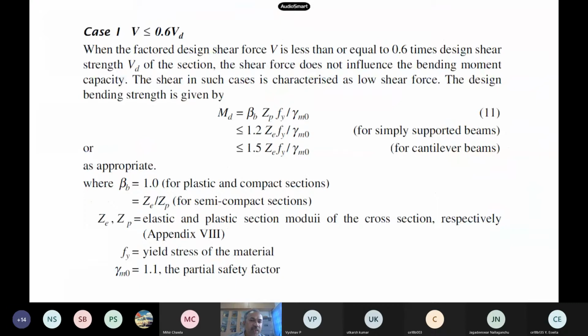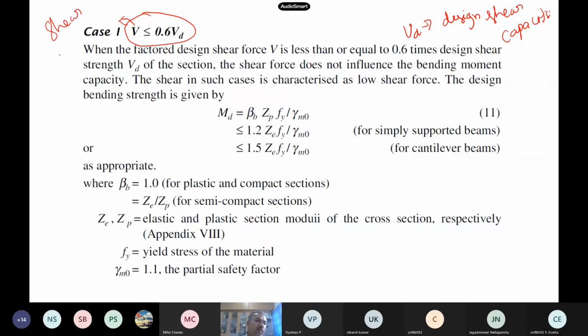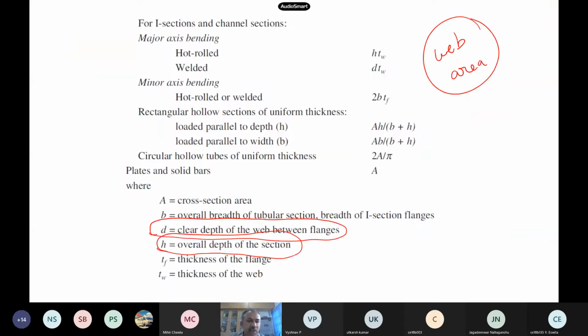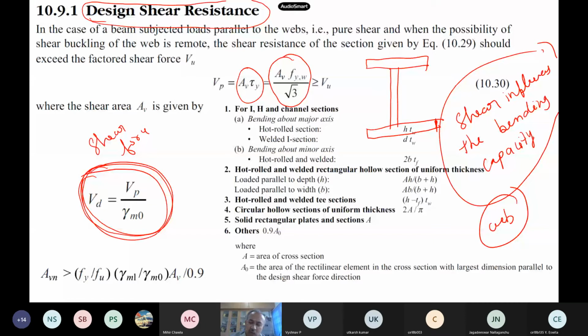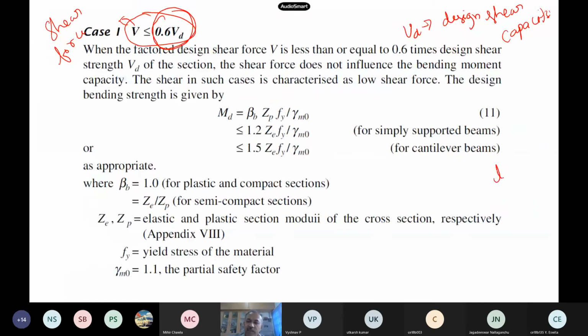Vd is the design shear capacity which you have calculated from the previous formula, and V is the shear force coming on the beam. If V is less than 0.6 times Vd, we call this a low shear. You followed? So we call this a low shear.